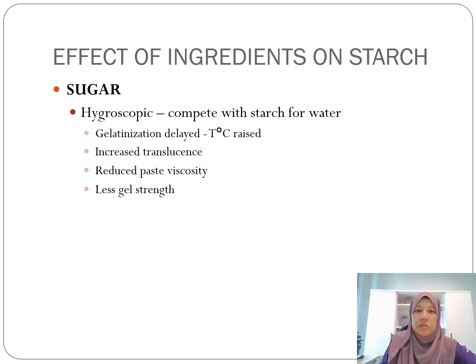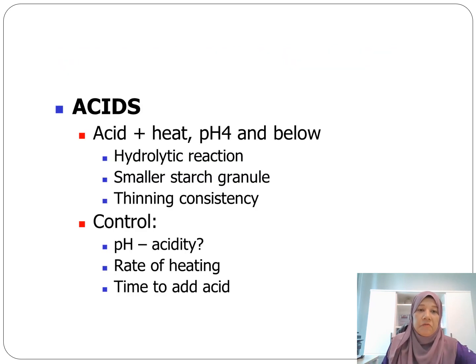The sugar itself increases the translucence of the starch. It will reduce the paste viscosity. If you boil the starch, sugar and water, the viscosity reduces, and it will lessen the gel strength.